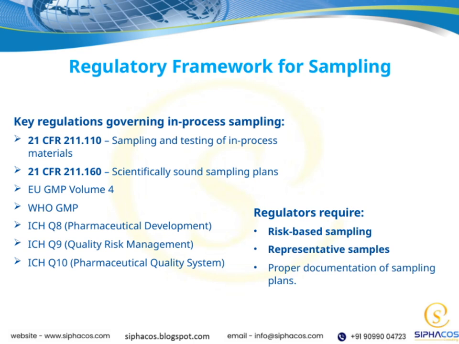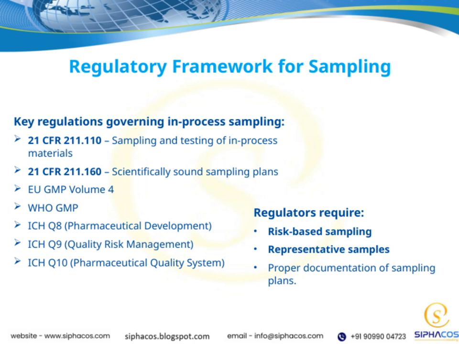Now, looking at the regulatory framework, there are several key regulations and guidelines that govern in-process sampling. For example, 21 CFR 211.11 emphasizes the importance of sampling and testing in-process materials to maintain quality. Similarly, 21 CFR 211.16 advocates for scientifically sound sampling plans, underscoring the need for rational and justified methods. On the international side, EU GMP Volume 4 and WHO GMP set standards that align with these principles, promoting consistent quality across regions.